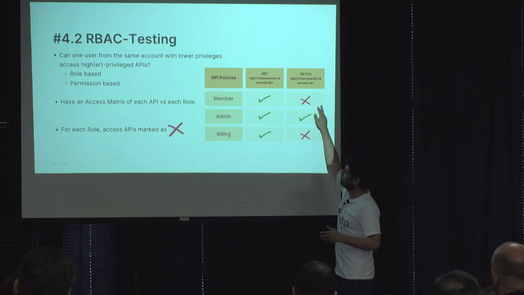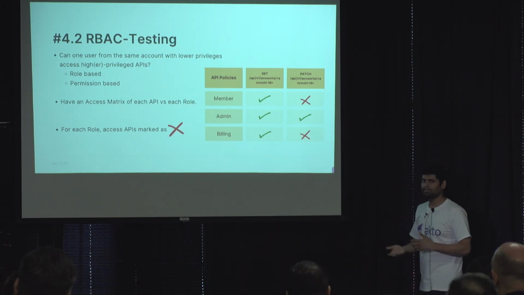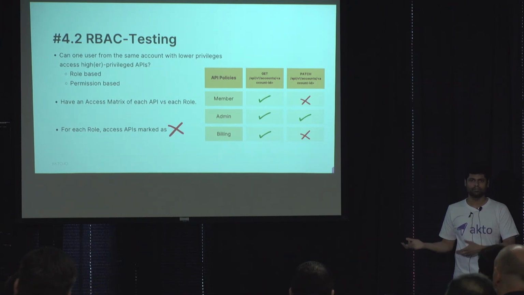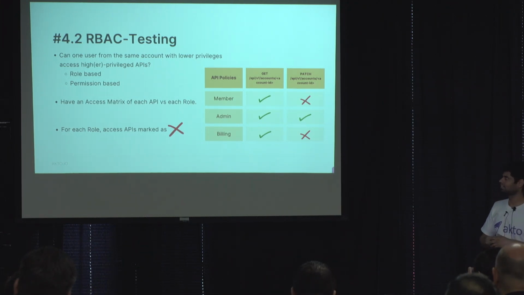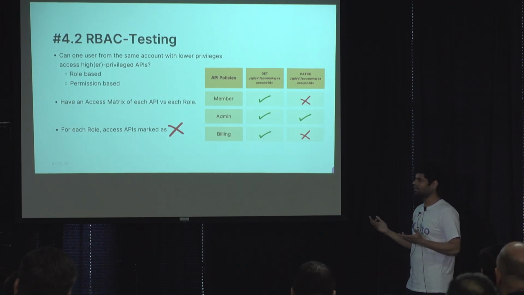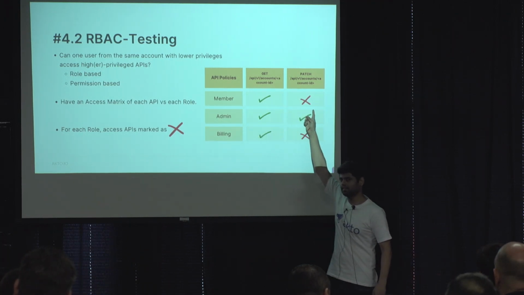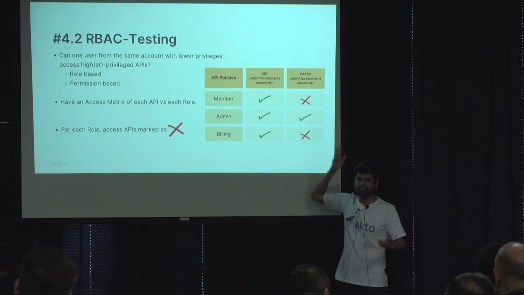So for each cell marked as cross, keep checking if the API returns a 403 or a not authorized error. So I would just go ahead in my staging pipeline, I'll say for each role, for member, fire this patch API and see if it works.